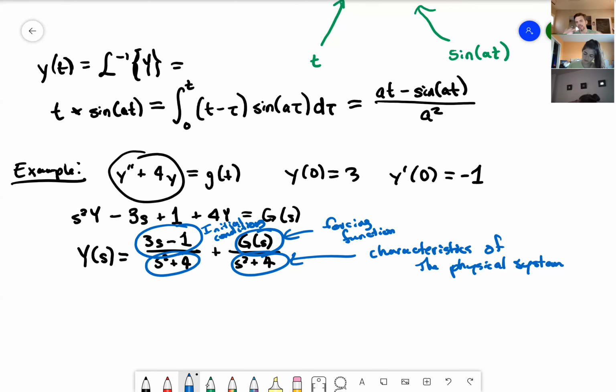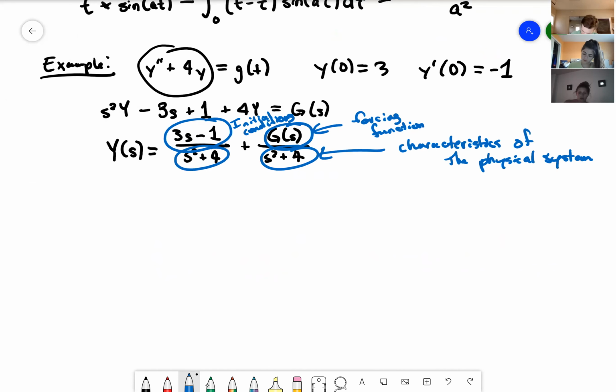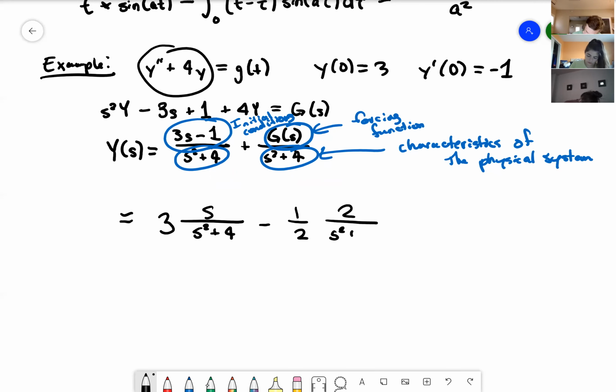So writing it like this, we see that these things that we intuitively think of as different parts of the physical system can be separated out in the mathematical expression of this. Okay, now let's rewrite this thing as 3s over s squared plus 4 minus 1/2 times 2 over s squared plus 4, right?